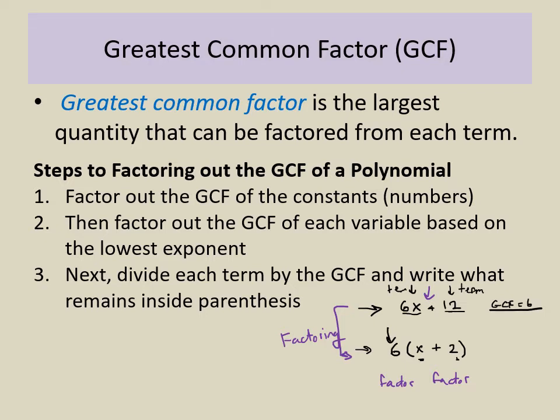Well, technically, what we actually did is we went up here to that 6x, and we said, okay, if I'm factoring out a 6, I can divide by that 6 here. 6x divided by 6, that's what gave me the x, because the 6's will cancel with division. And I also went to that 12, and I said, okay, if I factor out the 6, I'm going to divide this by 6. And then 12 divided by 6 gives me 2. So that's how you get what's inside the parentheses.